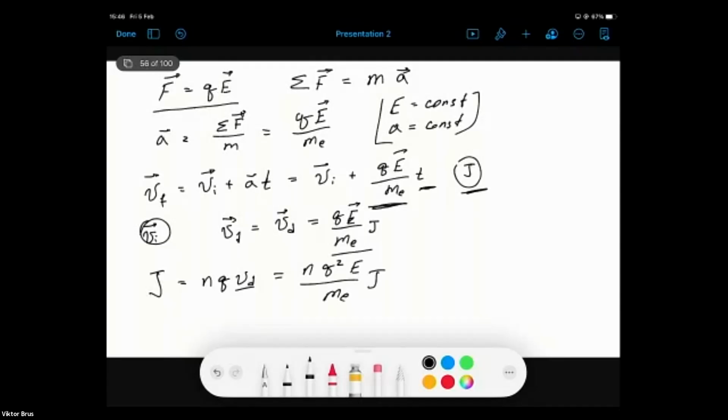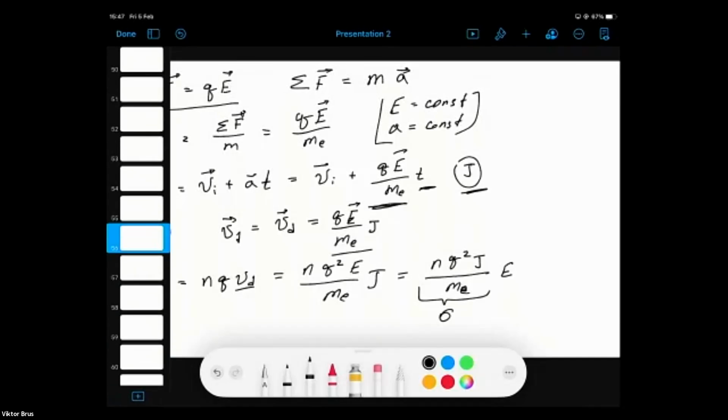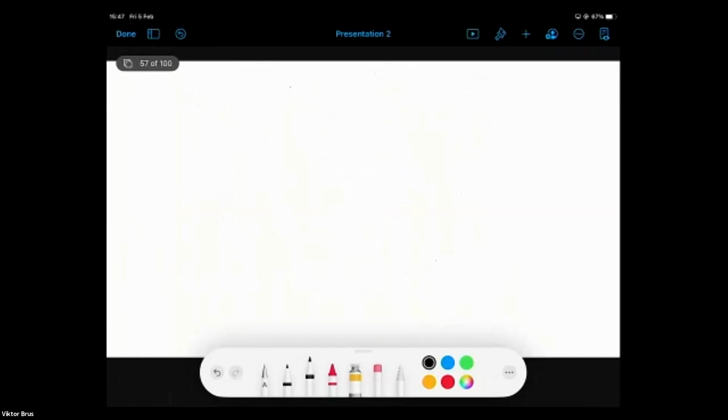Now we can restructure this a bit. It will be N Q square times tau divided by m_e, times E. And this part can be represented as sigma. So now we have an expression for specific conductivity, sigma.